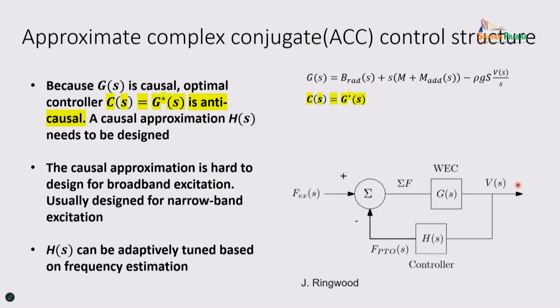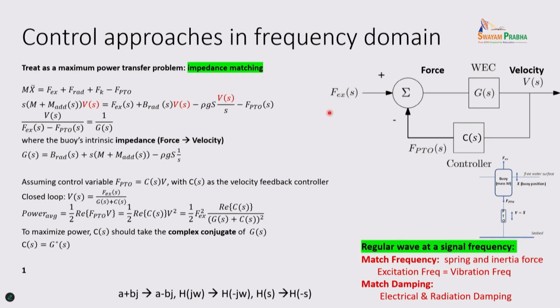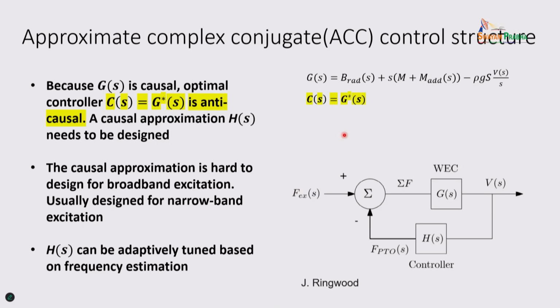Now you are given this control feedback loop. You measure velocity, control the PTO force, and add them together. This is just this equation. Now G(s) is causal: you give a force input and get a velocity output. But you want self-conjugate control, the complex conjugate, and this complex conjugate is not a causal system.